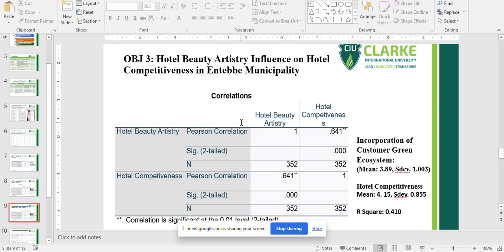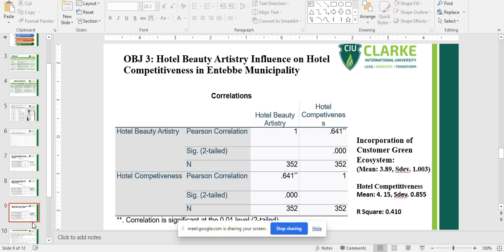For this case, this implies that for hotels in Entebbe to remain competitive, they need to embrace hotel beauty artistry and incorporate it in their operations and strategic plan so that they remain competitive in that community.